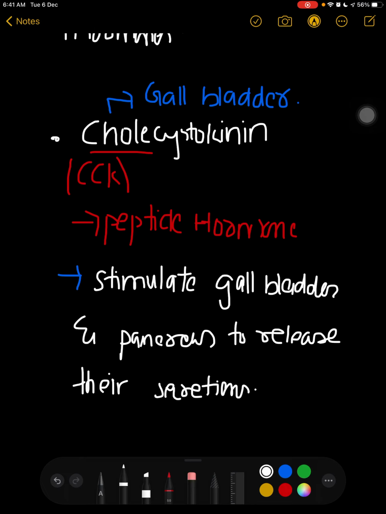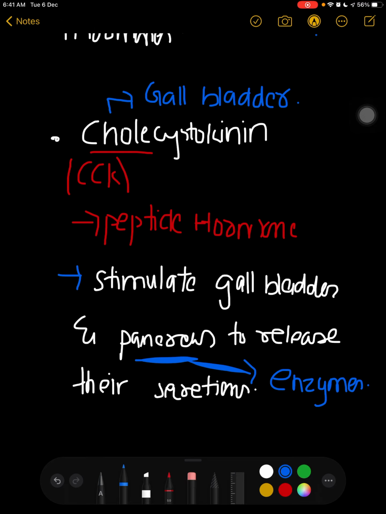Basically, it will go to the gallbladder and stimulate it to release bile, and it will go to the pancreas and ask it to release enzymes. So the pancreas is responsible for releasing enzymes.